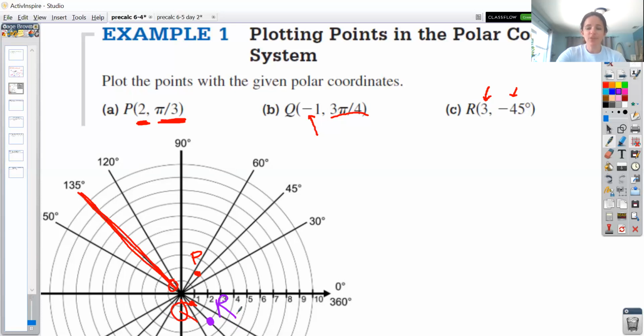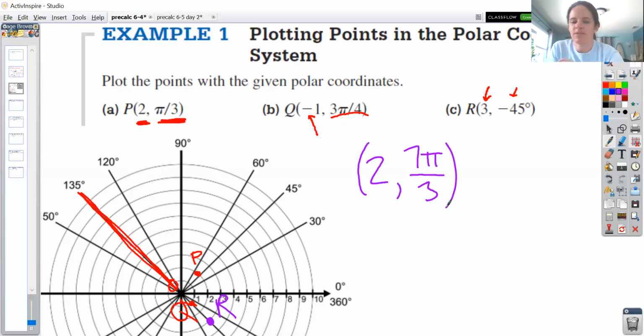So you might be thinking, or maybe you might not be thinking, but let's try and compare these systems. The polar coordinate system has a little bit of an issue, and you might be able to see it if I would ask you to plot the point 2, 7 pi thirds.